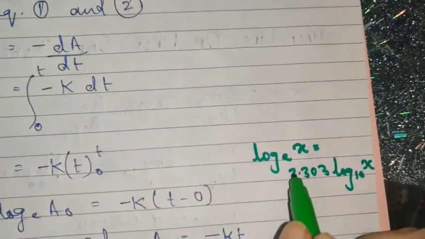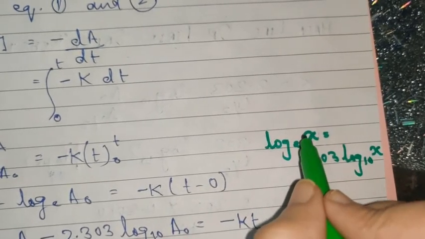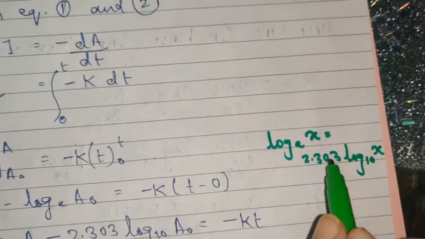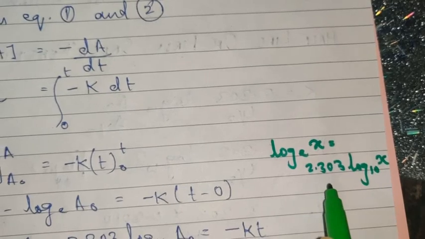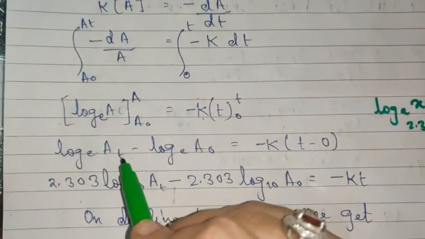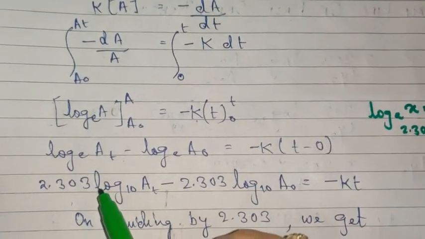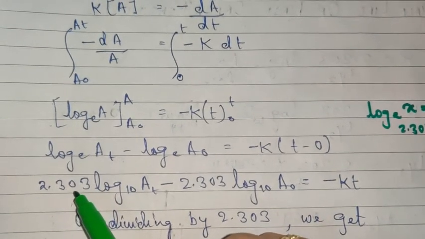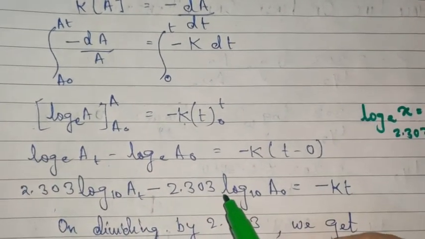So I have written the expression here. To convert natural log into log base 10, what do we do? We multiply it with 2.303. So here also, to convert this natural log, I have multiplied it with 2.303 here and this side also.